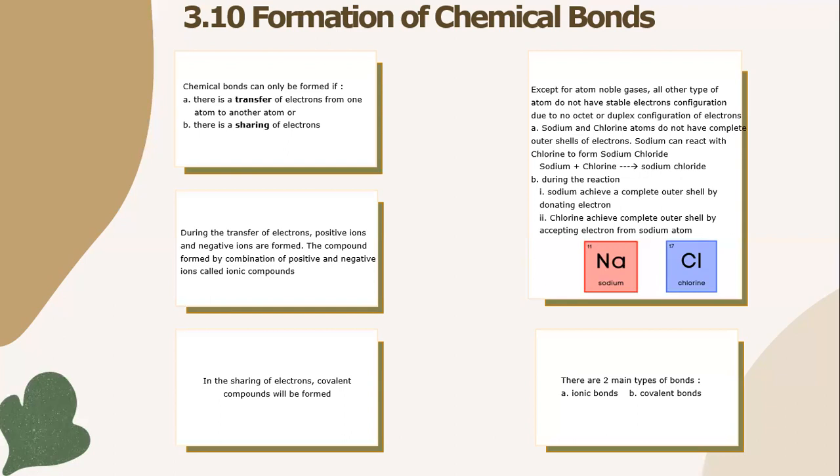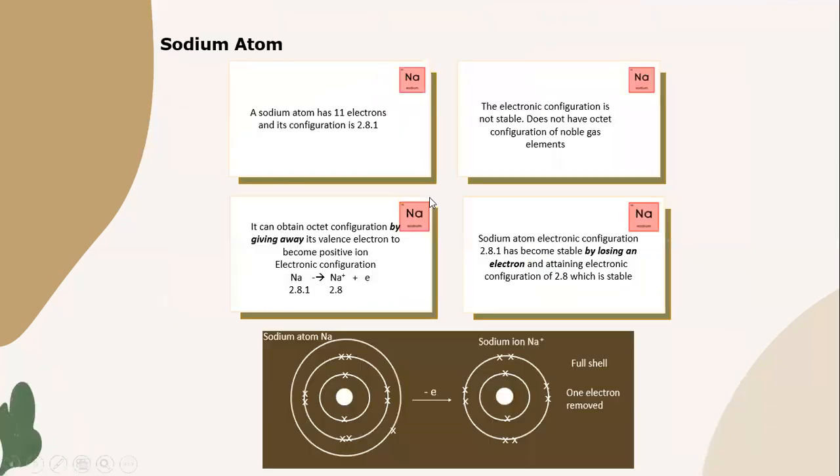Example given in the chemical reaction below, sodium plus chlorine to produce sodium chloride. During the reaction, sodium achieves a complete outer shell by donating an electron, whereas chlorine achieves a complete outer shell by accepting an electron from the sodium atom. So there are two main types of bond. One is ionic bond and the other one is covalent bond.